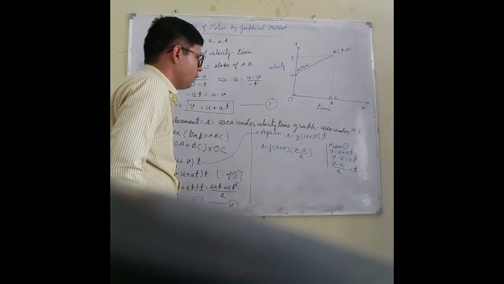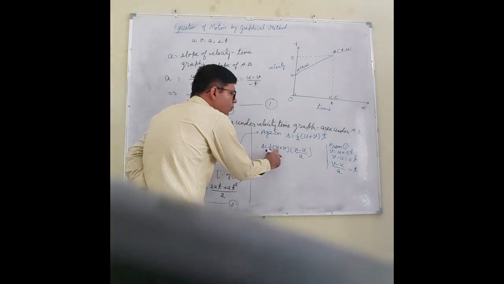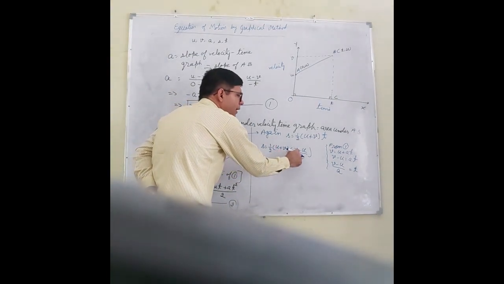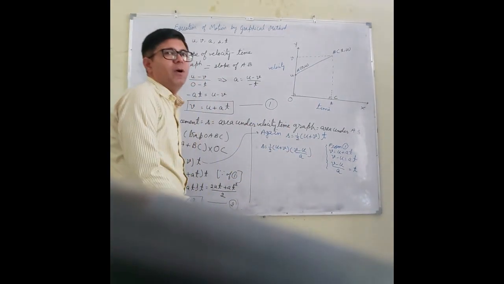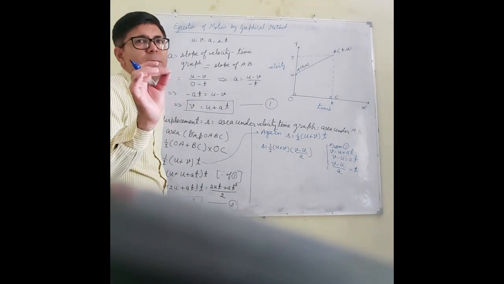Right? What is this? A common formula, x plus y multiplied by x minus y. What will be the answer? x square minus y square.